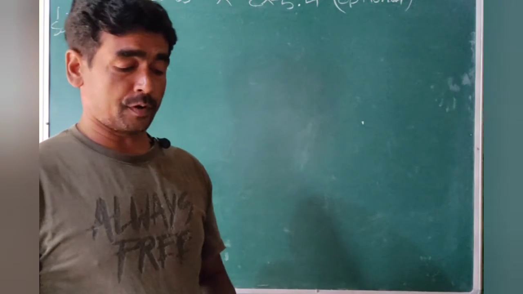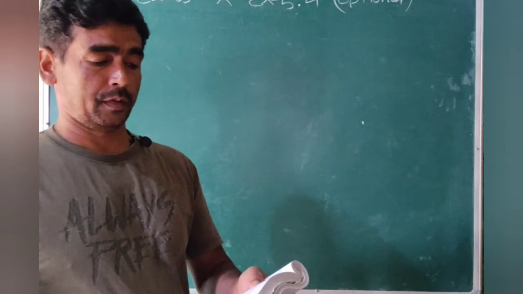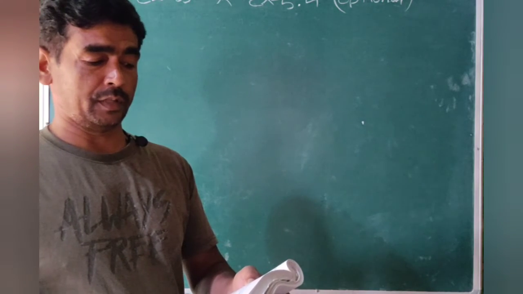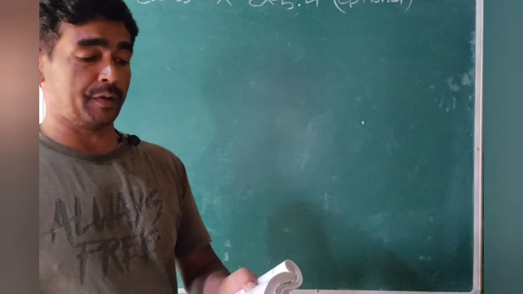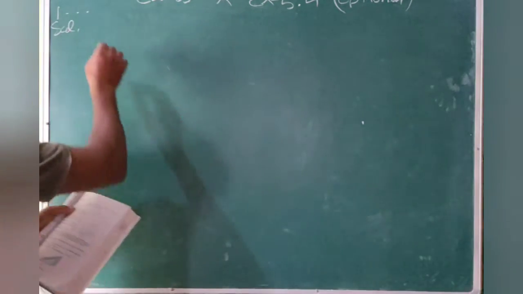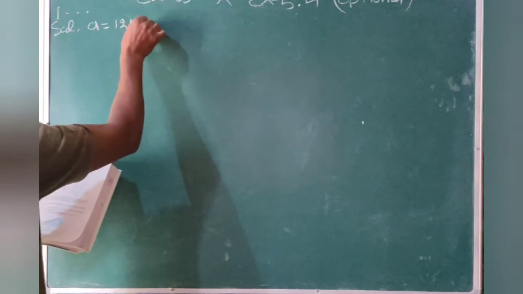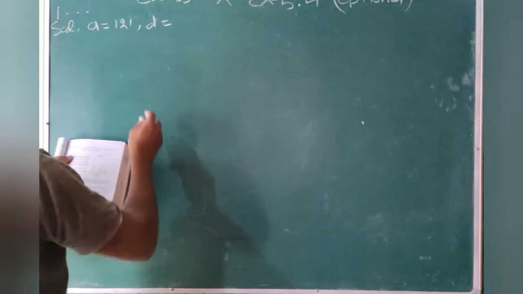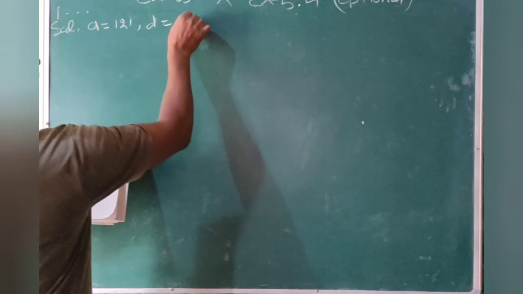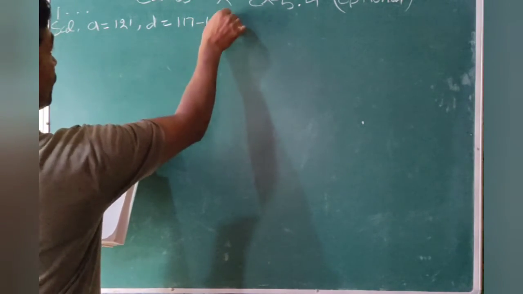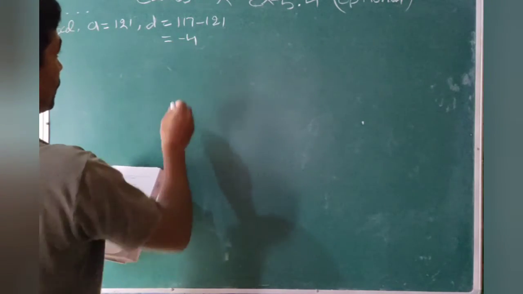Exercise 5.4, optional. The first question: which term of the AP 121, 117, 113 is its first negative term? So a is equal to 121, d is equal to 117 minus 121, so that will be minus 4.